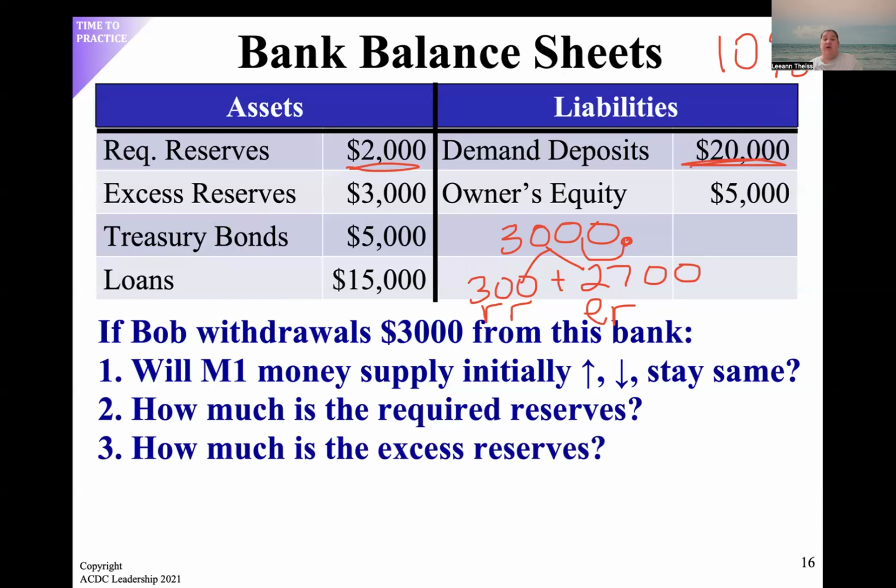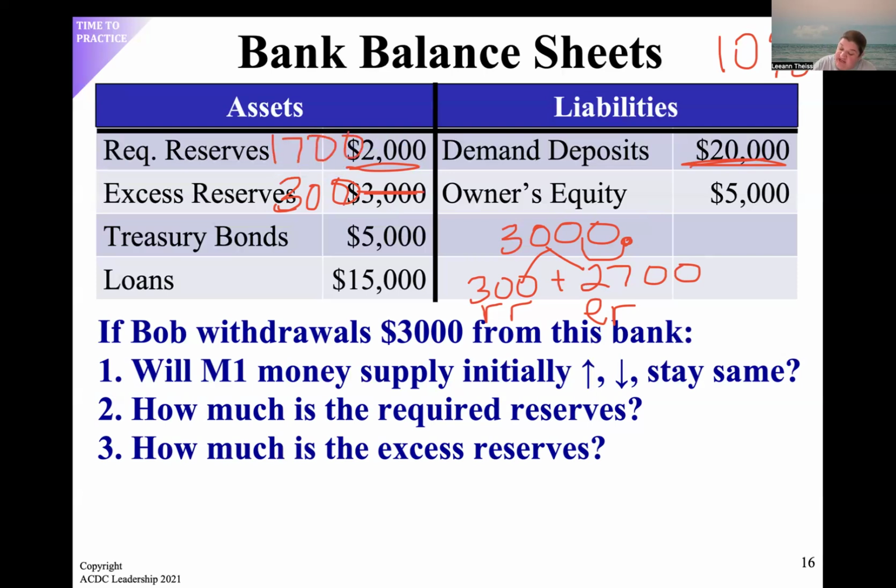Okay, so now let's go and readjust our numbers. I'm going to take $2,700 out of excess reserves. So $3,000 minus $2,700 means I'm going to have $300 left over. And if I take $300 out of required reserves, now I'm going to have $1,700 in required reserves.